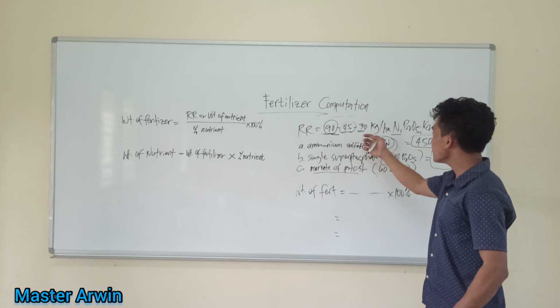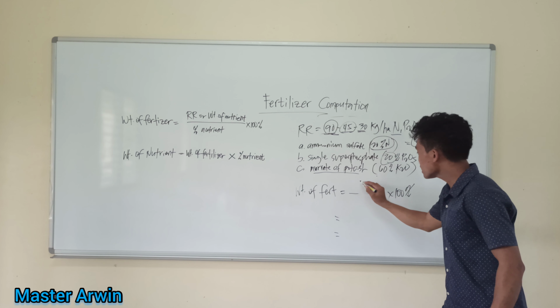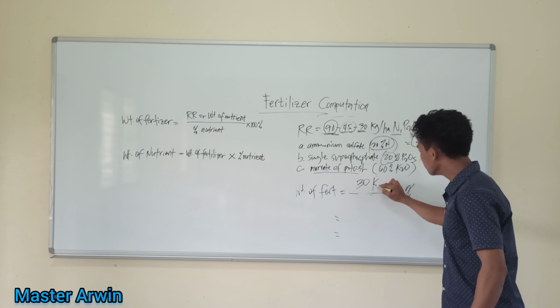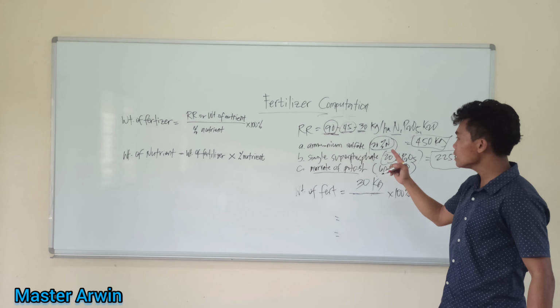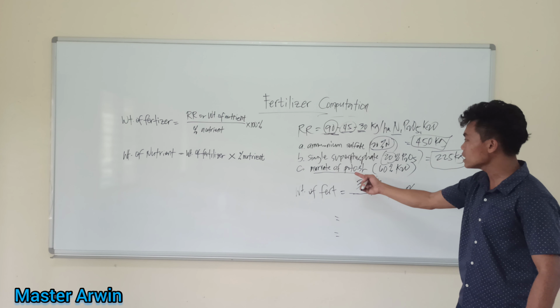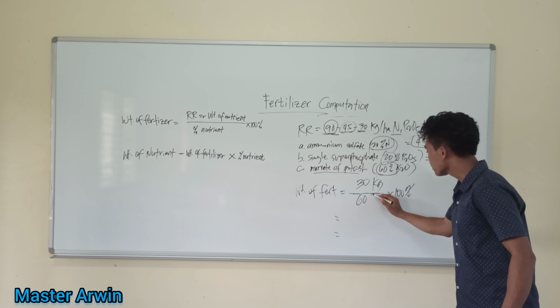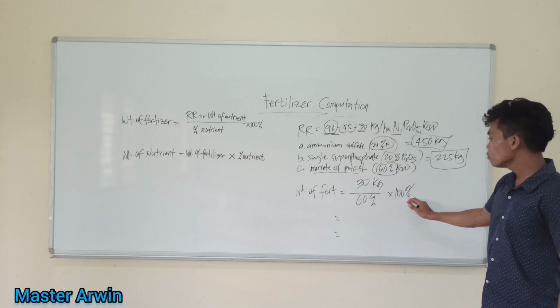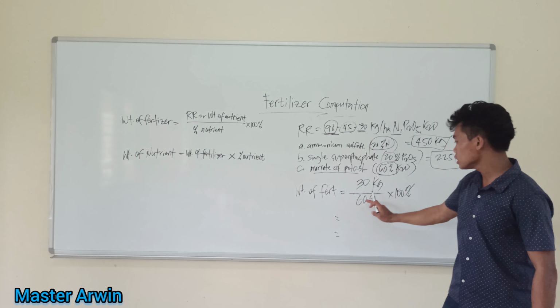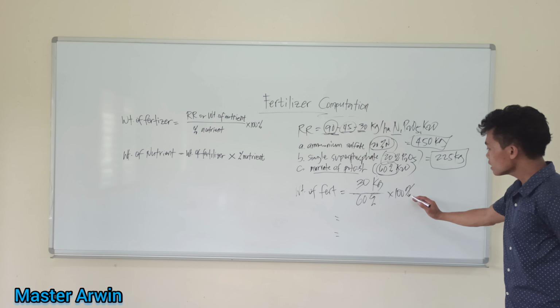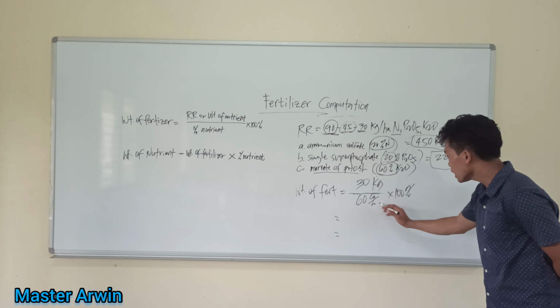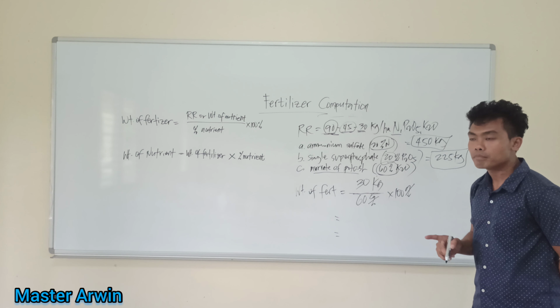So, the recommended rate, RR is 30 kilograms divided by the percent nutrient of this material, which is 60%. And then 100% times 100%. Cancel percent, the remaining will be kilogram only.